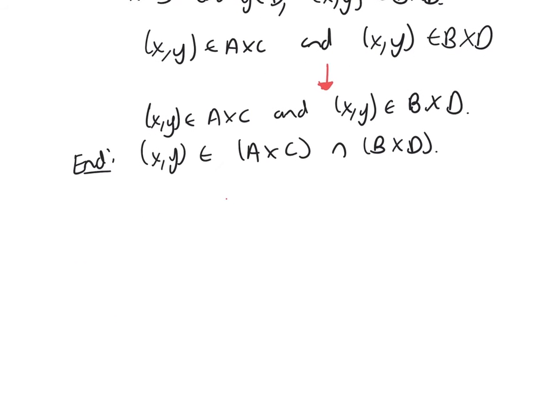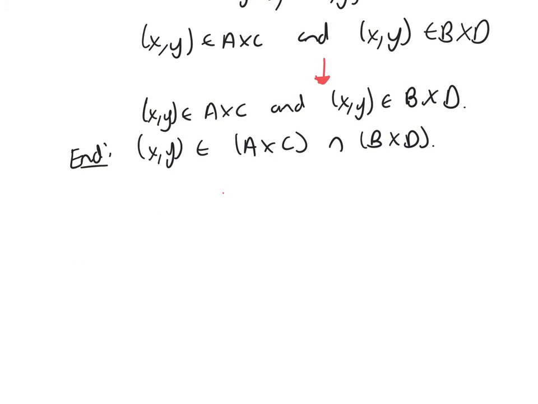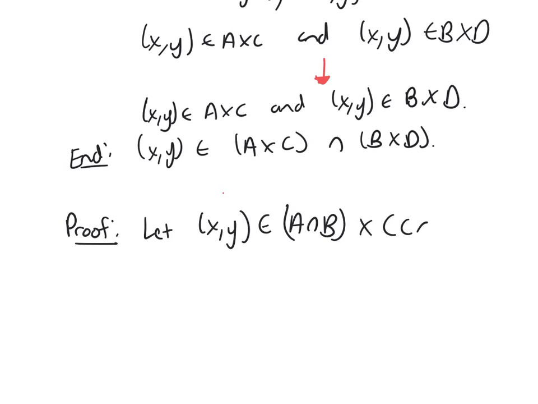So now that I have my outline done, we're going to write the formal proof here. And again, reference your outline when you're doing this. Let (x, y) be in (A ∩ B) × (C ∩ D).